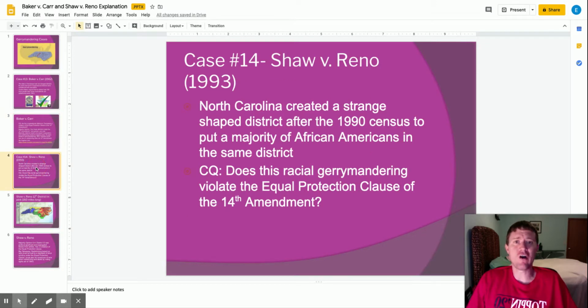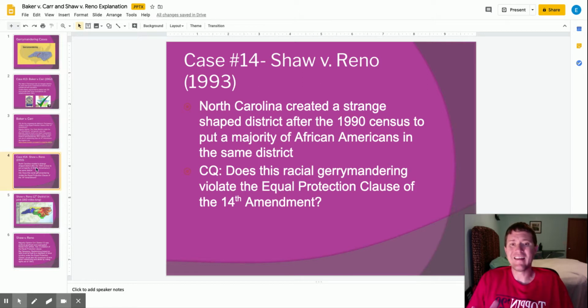The next one is Shaw v. Reno, and this is North Carolina. Basically this involves a situation where North Carolina is going to create a majority-minority district. What that means is that the majority of people in that congressional district are a minority, in this case, African Americans. So the constitutional question in Shaw v.